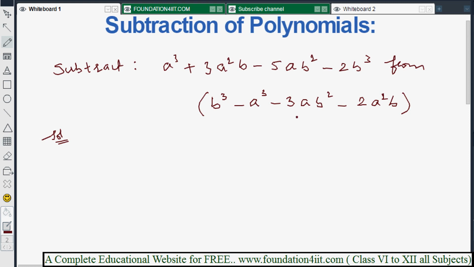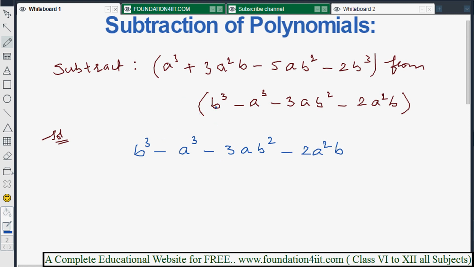This you should write first, followed by the second one. So when you write the second polynomial, first of all b cube minus a cube minus 3ab square minus 2a square b, then followed by the first polynomial, because that we have to subtract from this.